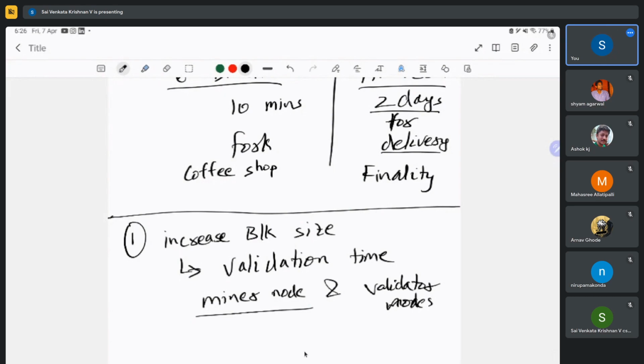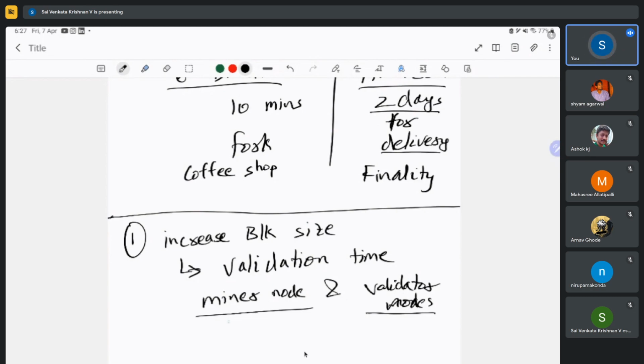The other nodes should be validating that block and checking whether all the transactions included in that specific block are valid, and that it doesn't double spend any previous transaction. All the validator nodes would be checking that.